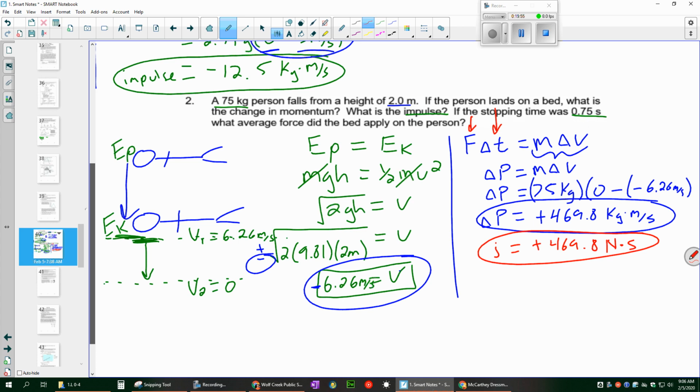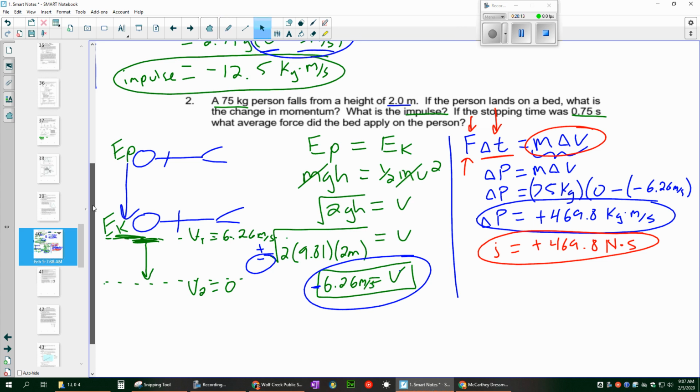And then the last part, if stopping time was that, so you guys, we've done this before already too, right? So if I want to find the force in this equation, I've already found the impulse. I've really just got to divide by t. They just gave us the time there.